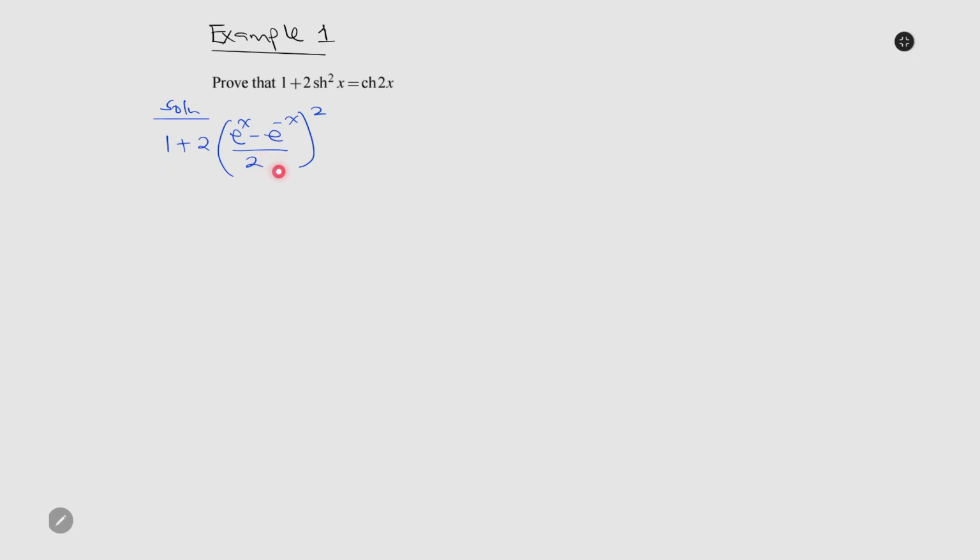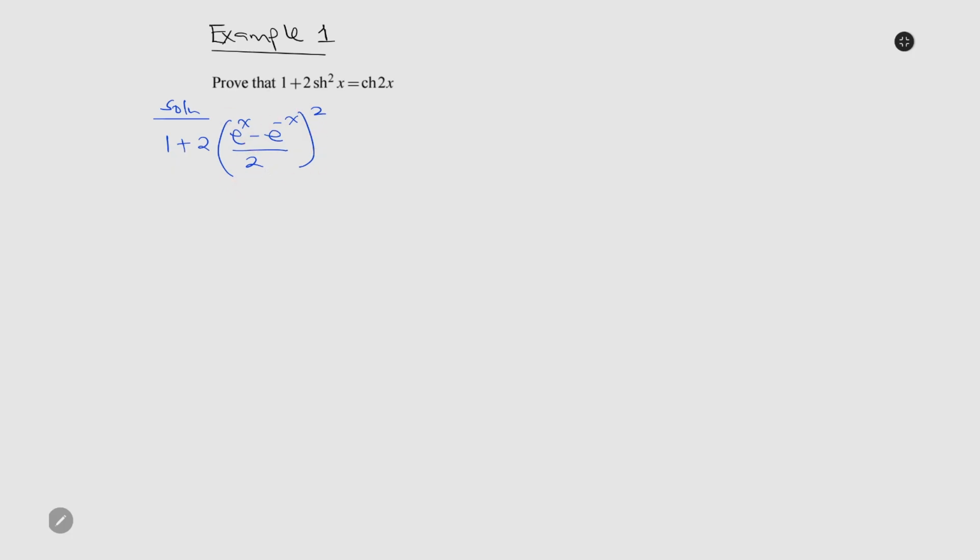Okay, wonderful. I've decided to work it out from the left hand side. We could have chosen to work from the right hand side, simplify it, and see if we can get this, but I've chosen to work this one and simplify it to see if we can get the other side. So let's expand this further.